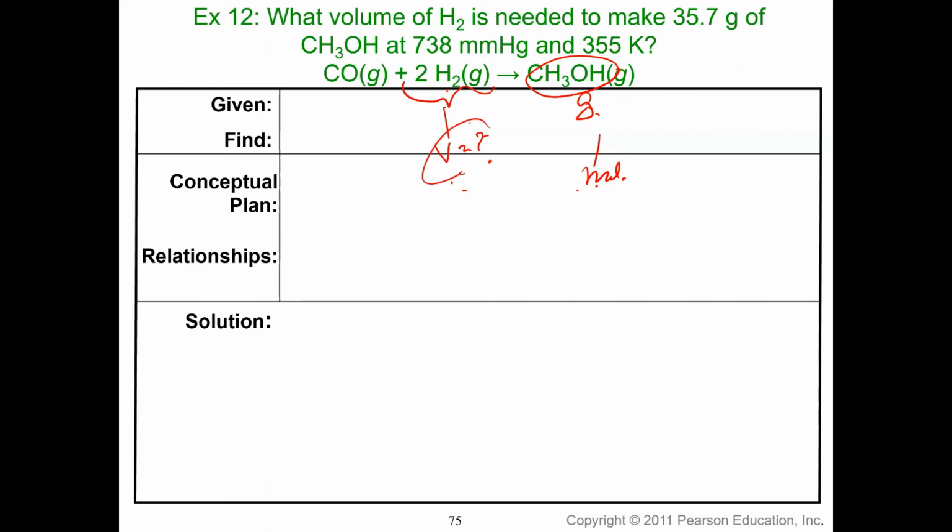But once you get the moles, having that information, what information is that? You see the pressure and temperature are given. If you have pressure and temperature, and then you have moles, obviously you can find a volume using the ideal gas law. Look at it.